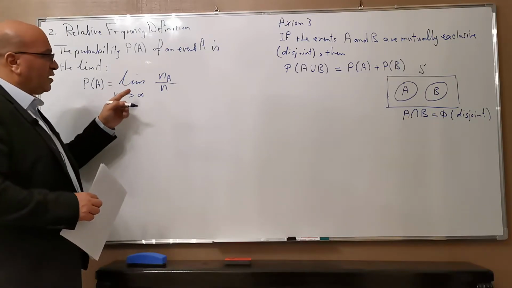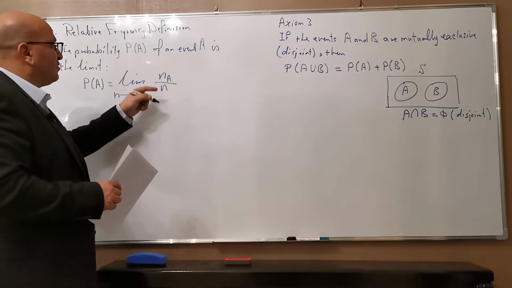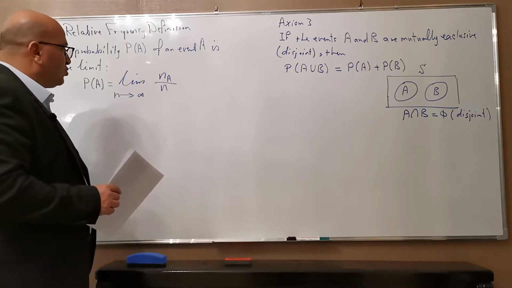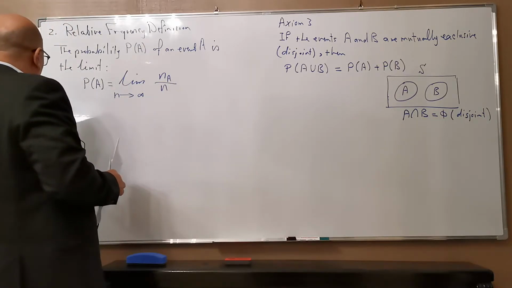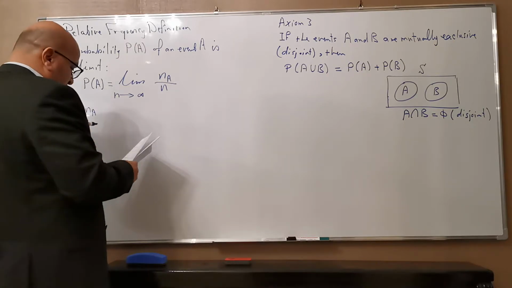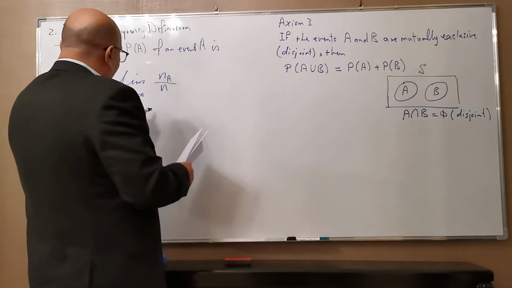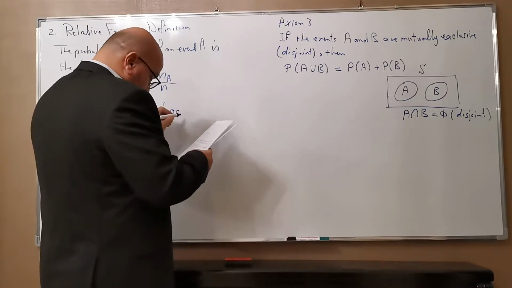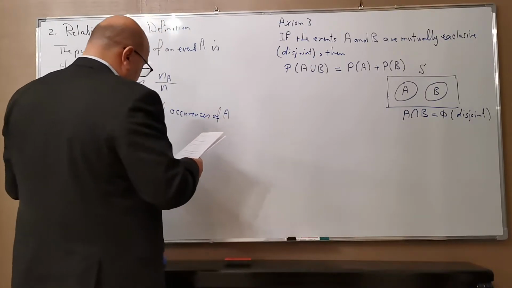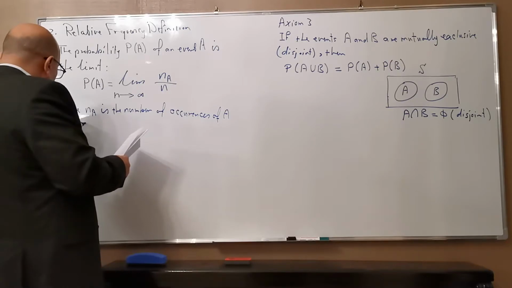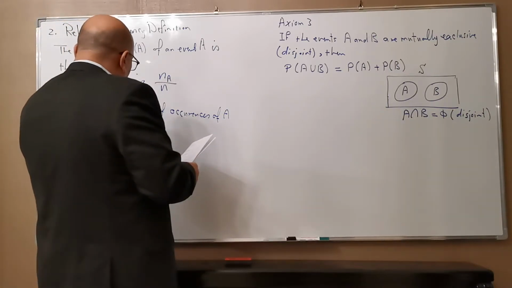So if you do an experiment so many times, and you have NA occurrences of the event A, the ratio of NA divided by the total number of trials is equal to the probability of A, where NA is the number of occurrences of A, and N is the number of trials.